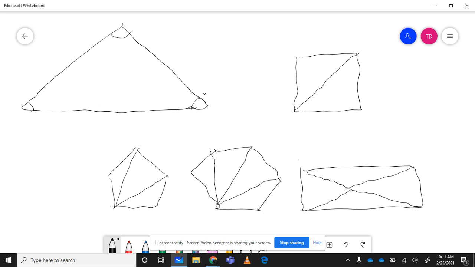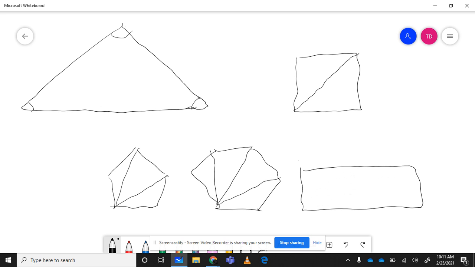So I would have four triangles with 180 degrees each, right? However, if I'm asking for the interior angle measurements of the rectangle, I'm only asking for these four corners. I'm not interested in that circle of angles in the center. So after I add 180 times 4, I would have to subtract out this 360. If you don't go to the center, if you just go from one corner out to the other corners, then you don't end up with that problem.